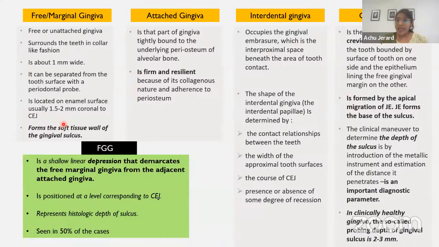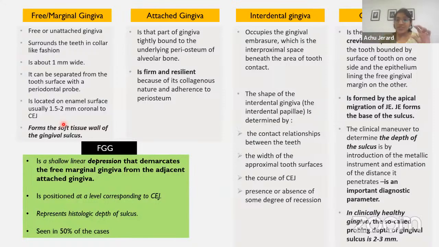However, that is different from histologic probing depth. So when you talk about probing depth, you have to know about two probing depths: there is a clinical probing depth as well as a histologic probing depth. If you ask me, the more accurate one would be histologic probing depth. Why? Because it is not dependent on the force with which we probe or the diameter of the probe and all that.